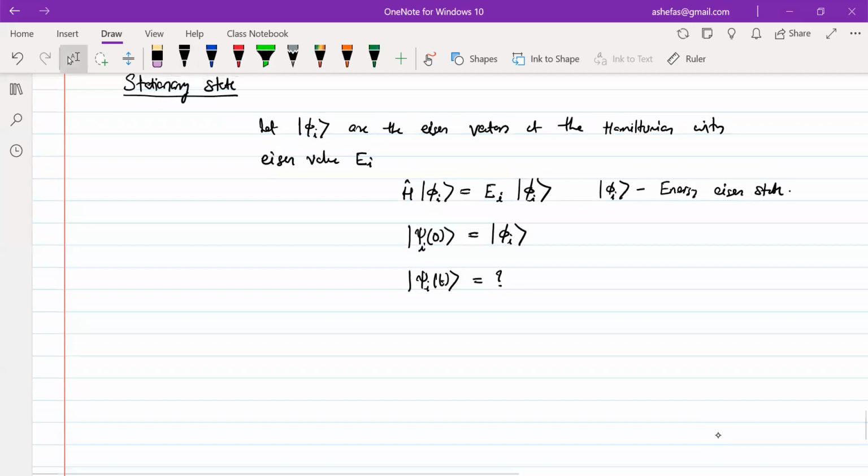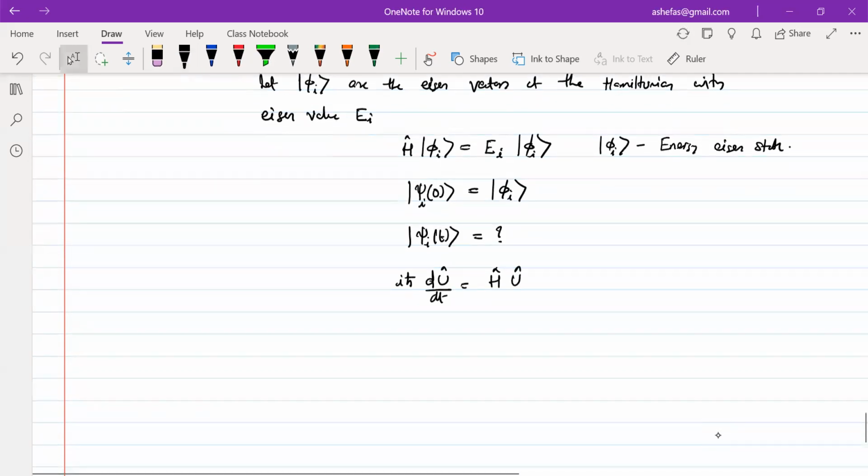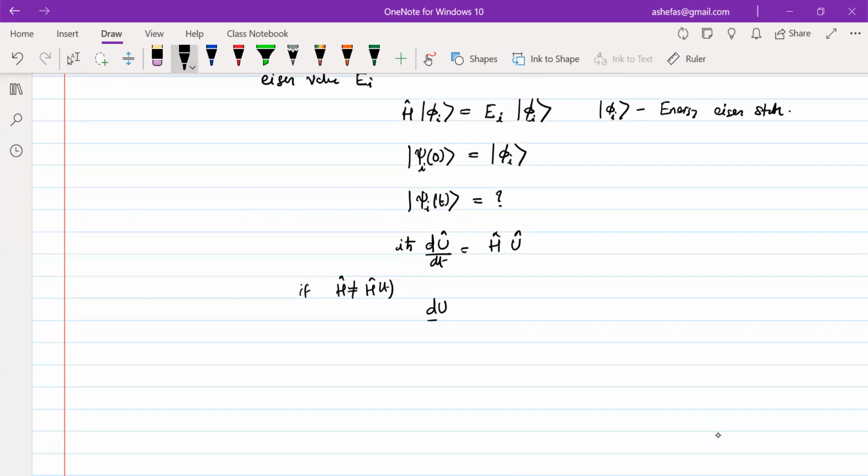For that, the starting point is the time evolution of the unitary operator: iħ dU/dt is known to be HU. Suppose the Hamiltonian is not a function of time. Then dU/U can be written as minus i/ħ H dt.